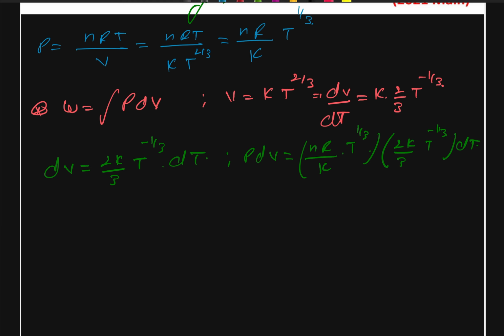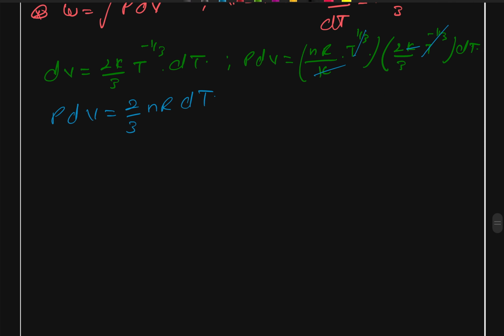T raised to power 1 by 3 and T raised to power minus 1 by 3 cancel out, and K also goes away, so PdV comes as 2 by 3 nR dT.